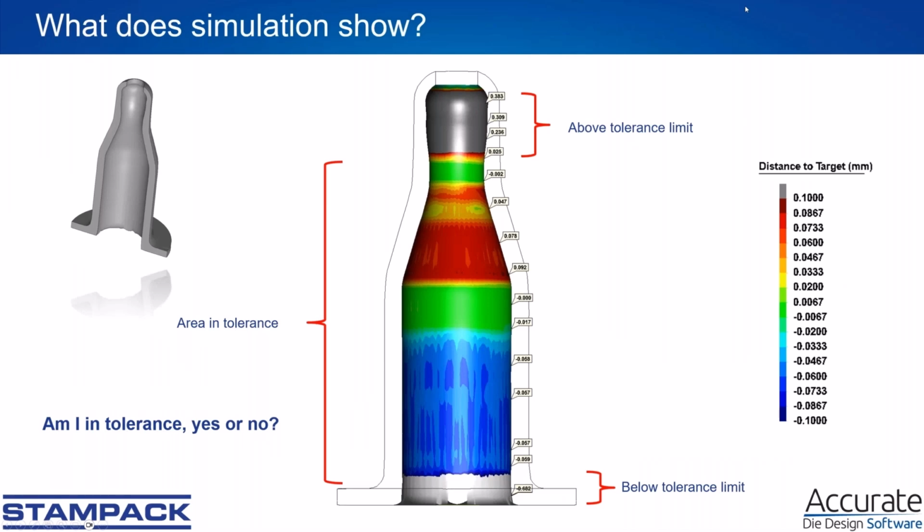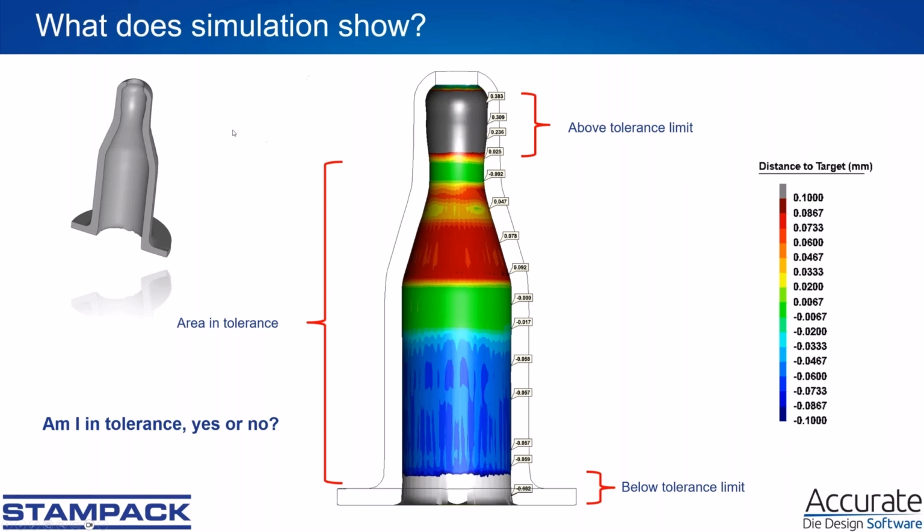One of the most important features for our customers is the so-called tolerance check, because tolerances are everybody's problem. At the end of the day, the question is not always to make a feasible part, because maybe you know how to do it, but the question is, am I in tolerance, yes or no?